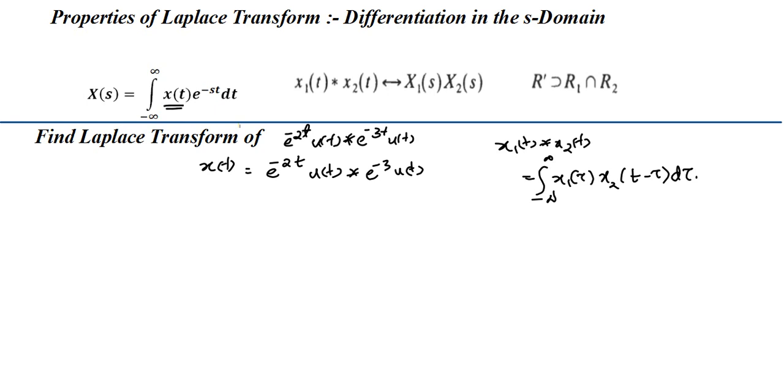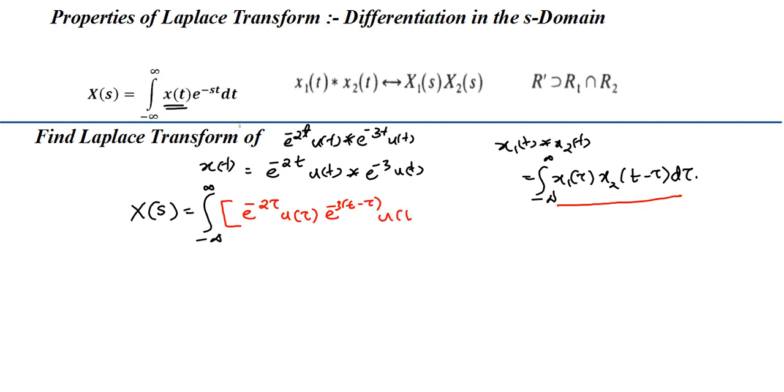So without using the property, you would need to find the Laplace transform like this: X of s equals the integral from minus infinity to infinity, in place of x of t, you write e raised to minus 2 tau into u of tau into e raised to minus 3 into t minus tau into u of t minus tau, integrated d tau, into the remaining portion e raised to minus st. This is the usual way without using the property.